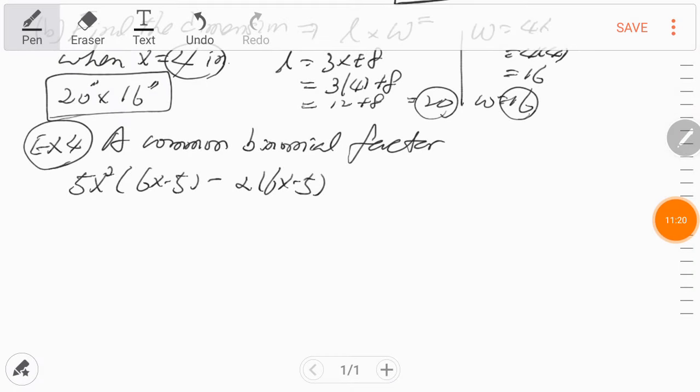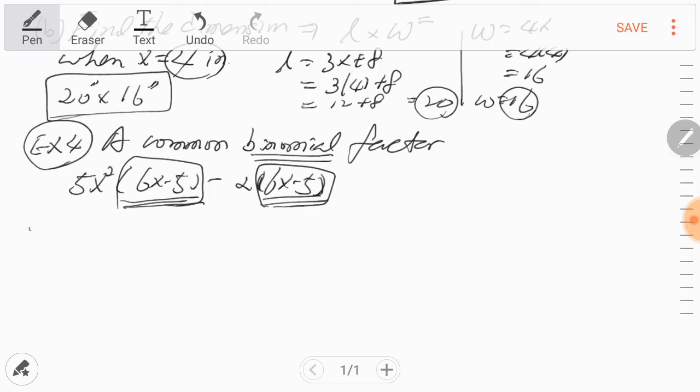Okay, in this example 4, this expression has the common factor, but the common factor is a binomial. So look at this. The first expression is 5x squared times a parenthesis. This parenthesis is 6x minus 5, and the second expression also has 6x minus 5 with parenthesis. So this is a binomial. We can assume this is one big expression.